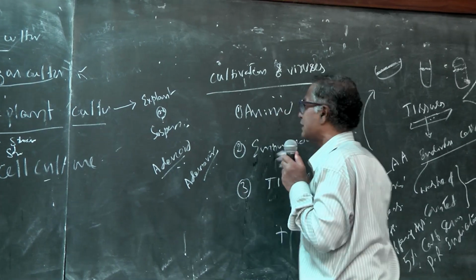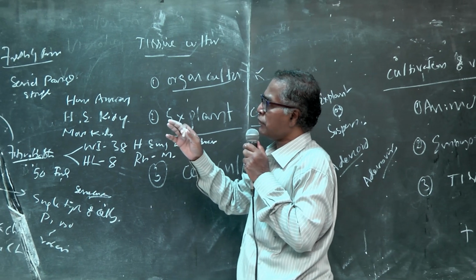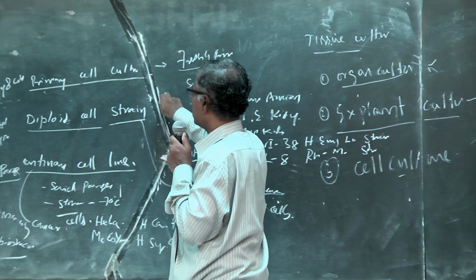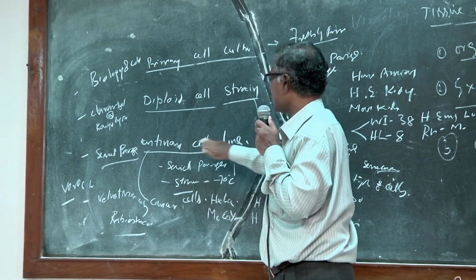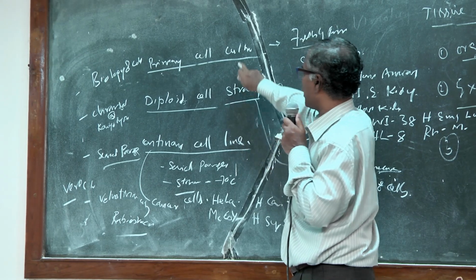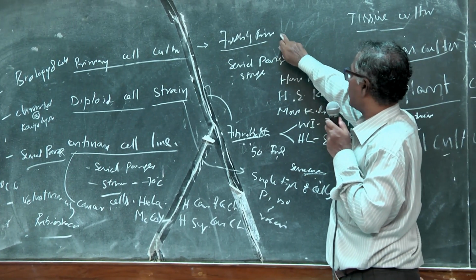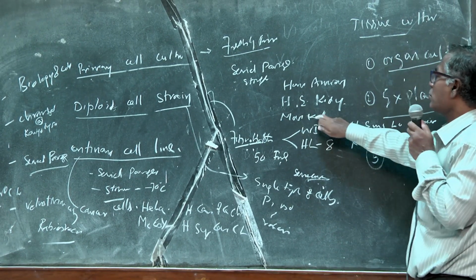So depending upon where we have obtained the cells, the nature of the cells, or the time allowed for serial passage, these cell cultures can be primary cell culture, diploid cell culture, or continuous cell line culture. Primary cell culture is from freshly prepared tissues, usually from the human amnion, human embryonic kidney, or monkey kidney.